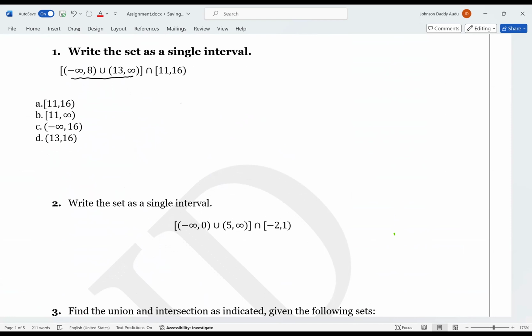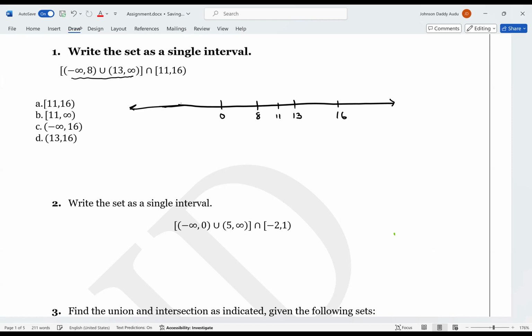So let's draw the number line here. Now we have 8. So if this is 0, let's say this is 8. This should be 13. And we have somewhere 11 and somewhere 16.